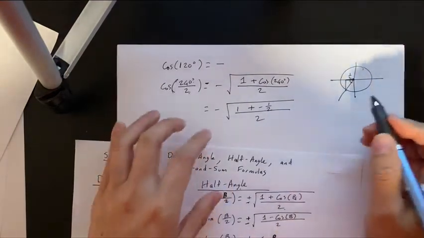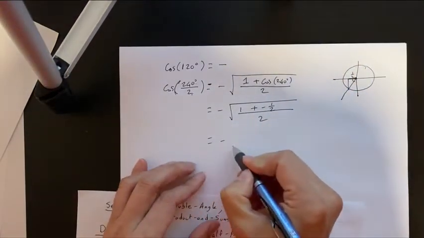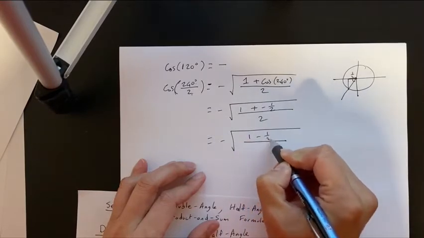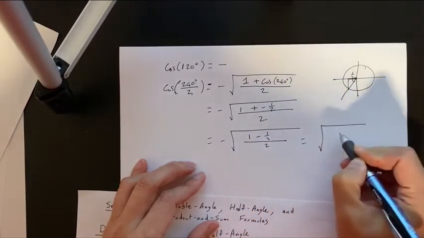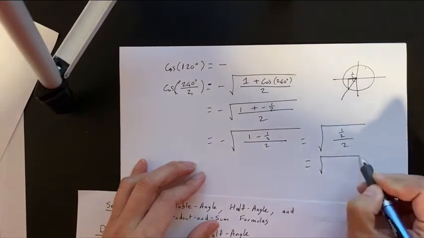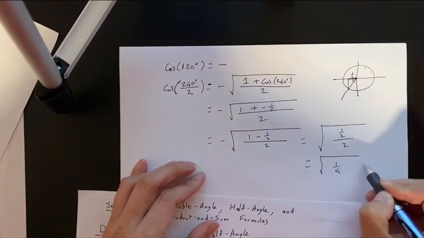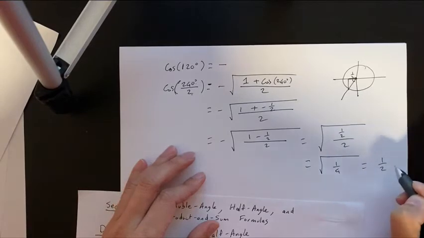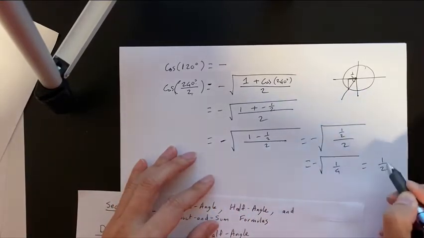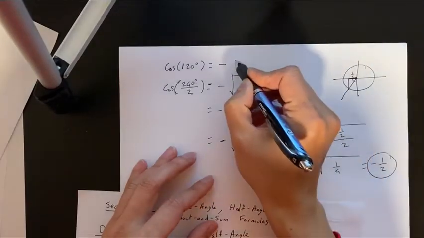And so this answer is going to be 1 minus 1/2 over 2, which is 1/2 over 2, which is 1/4. If you take the square root of 1/4, it's a 1/2. But remember, there's a negative in front the whole time. It's a negative 1/2. So the answer is a negative 1/2.